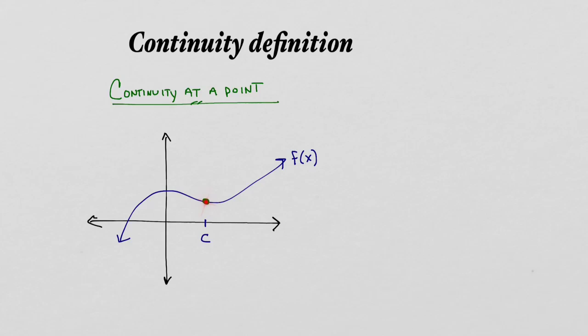So the function is clearly continuous, and what we're going to do is make a list of three conditions, or three true statements about this function, and these are going to be the three things that build your definition of what it means to be continuous at a point. These three conditions we're about to list off are things that you will need to memorize.